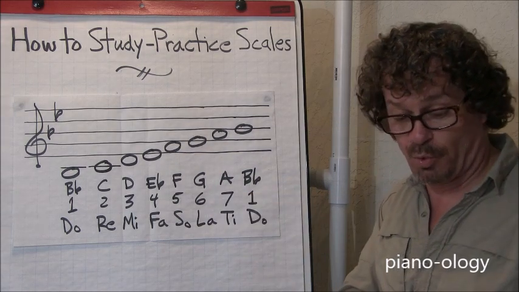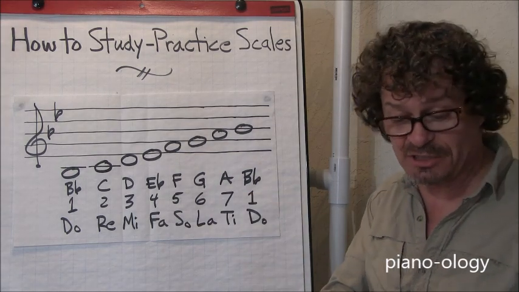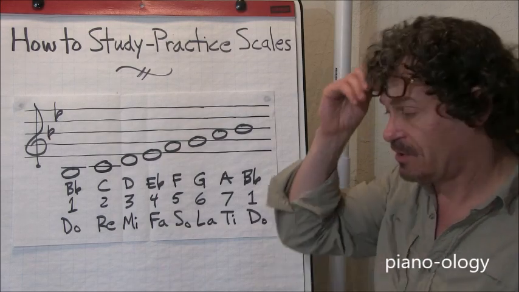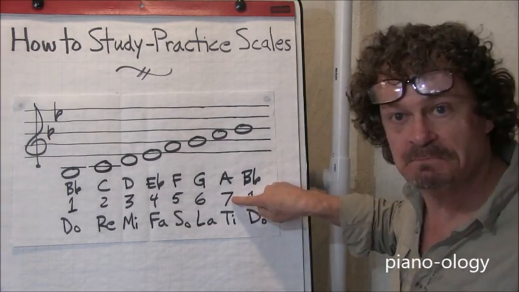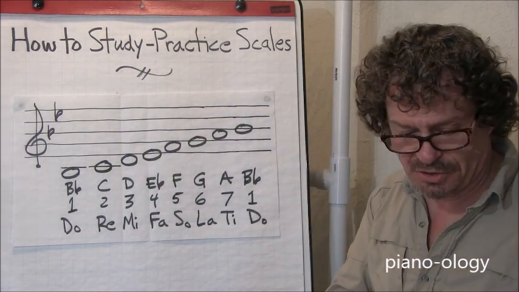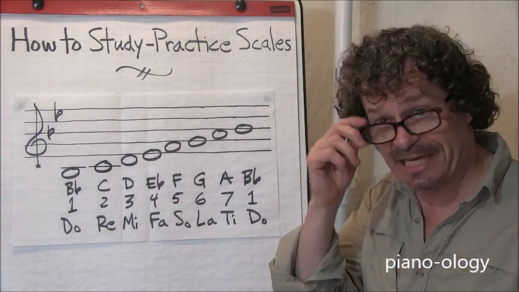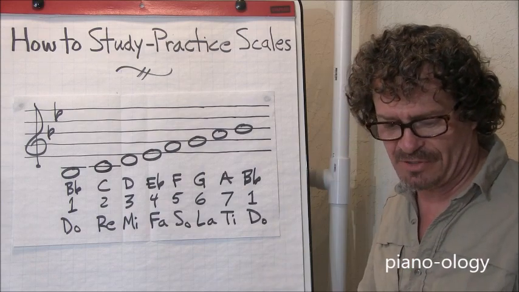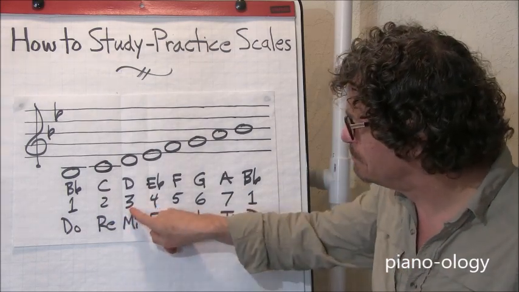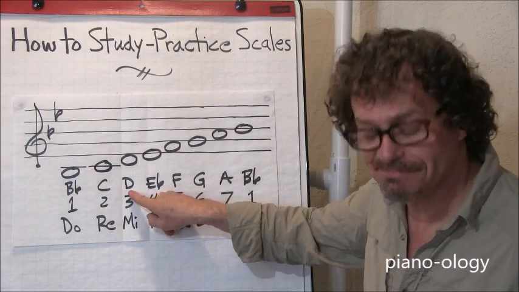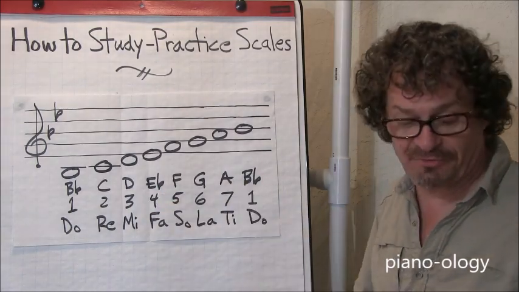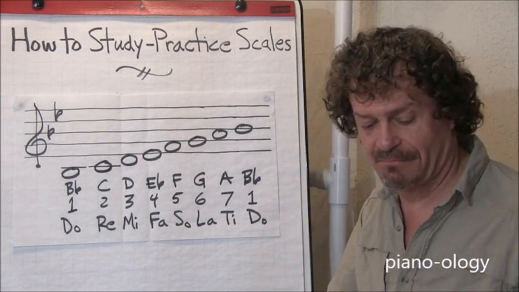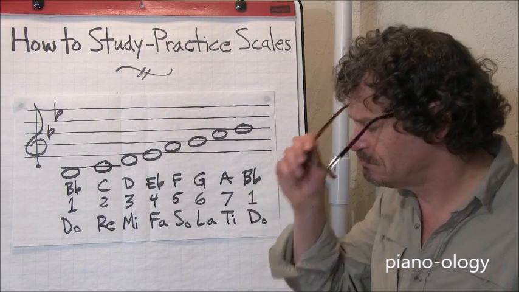Cool. Another question, what is the scale degree of A in the key of B-flat major? Well, the scale degree is 7. Question 4, what note is scale degree 3 in the key of B-flat major? The answer is D. And question number 5, what is the sound name of E-flat in the key of B-flat major?